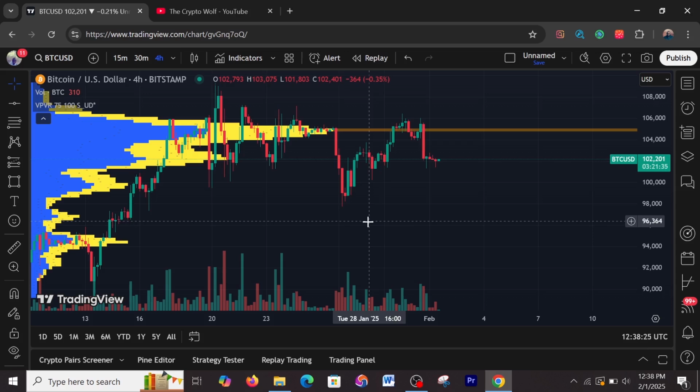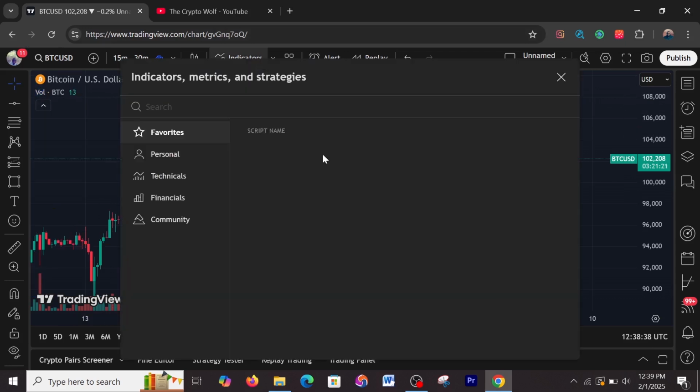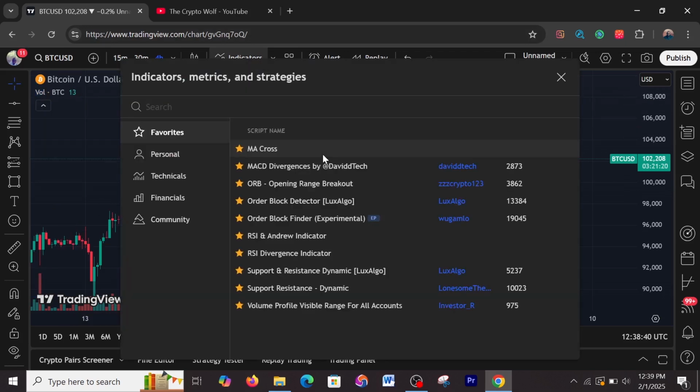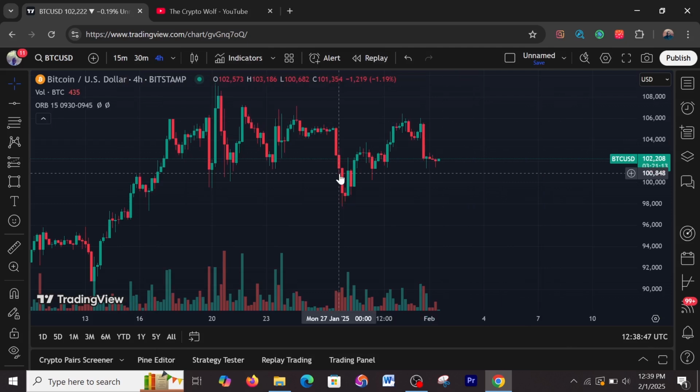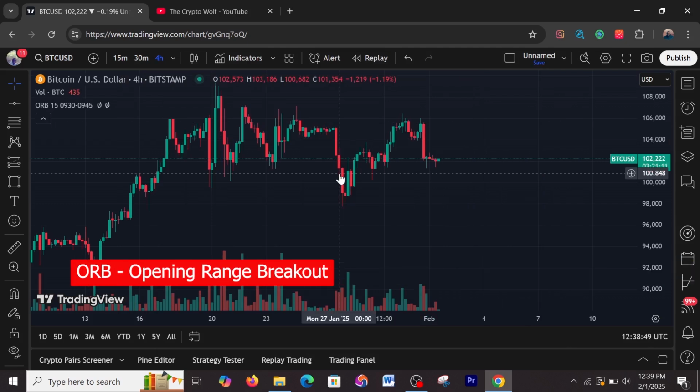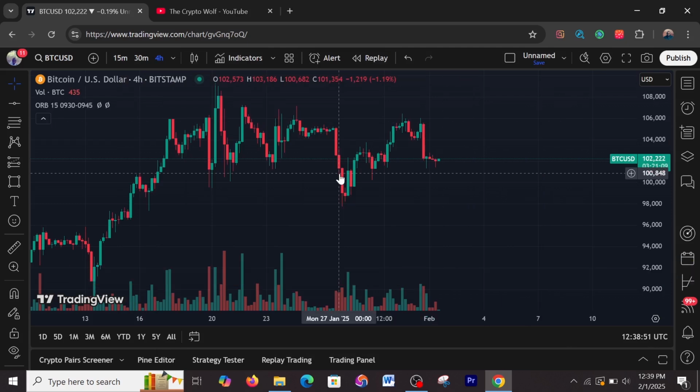So that's it. Another indicator that you need to look at is the ORB. The ORB is the opening range breakout. If you're looking to capitalize on early market moves, this is the indicator for you, because this indicator shows you where the highest volume occurred in the market.